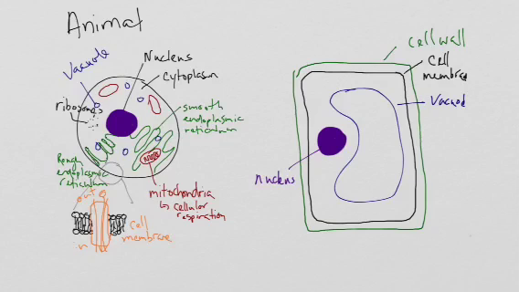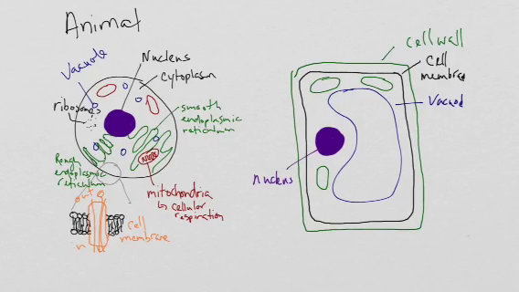Now, one of the other major characteristics of a plant cell, or plants in general, is that they can photosynthesize. They can photosynthesize because they've got these little disc-filled green organelles known as chloroplasts, very similar to the mitochondria. These are unique to plants or photosynthetic organisms, because there are some unicellular organisms that can photosynthesize.